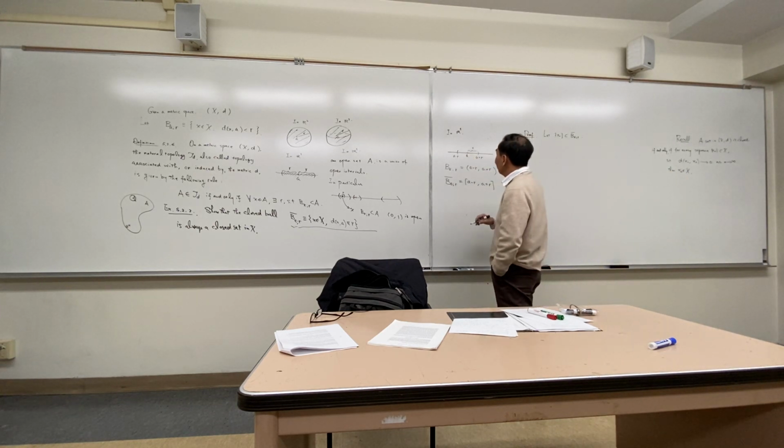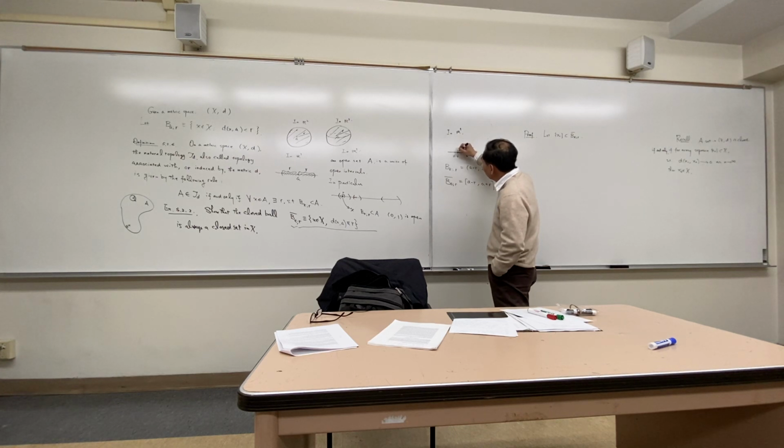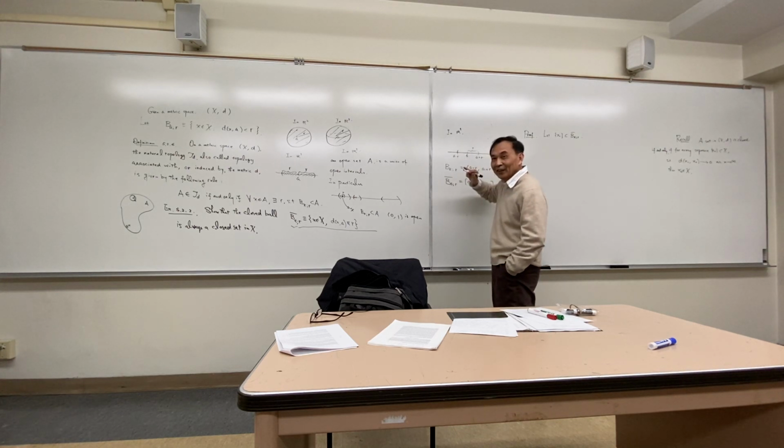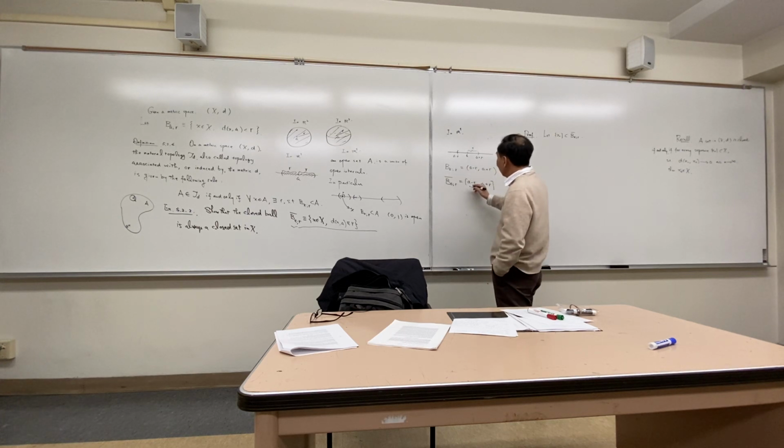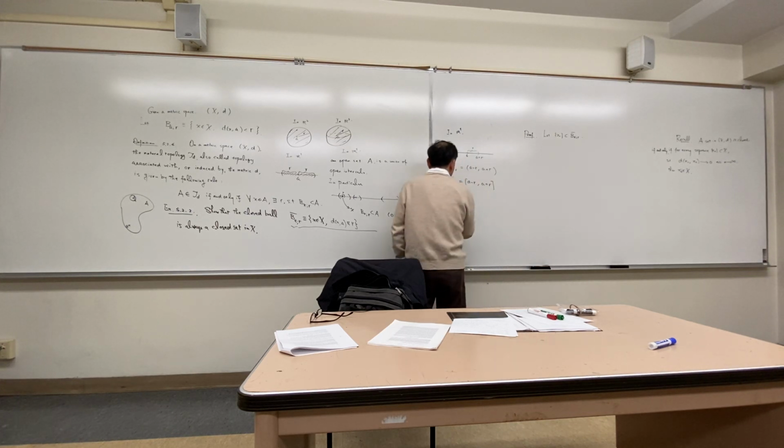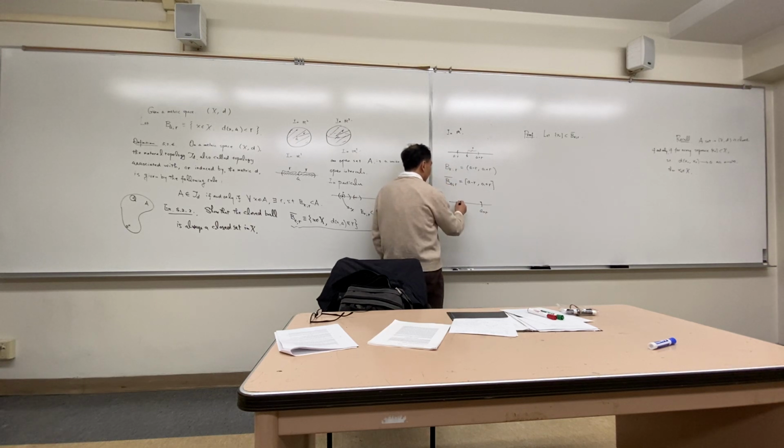This is an open interval, because we can take a sequence that approaches the boundary, and this boundary point is not in the set. But here, with A minus R and A plus R included, it is closed, because you take any sequence and the limit is in.